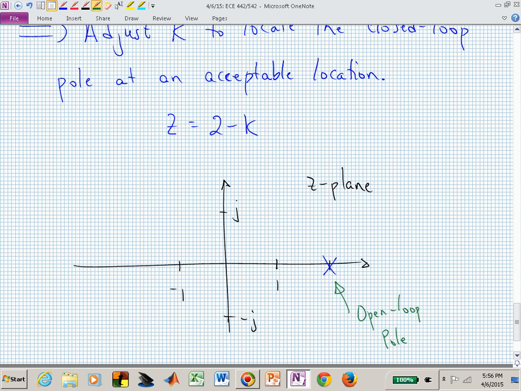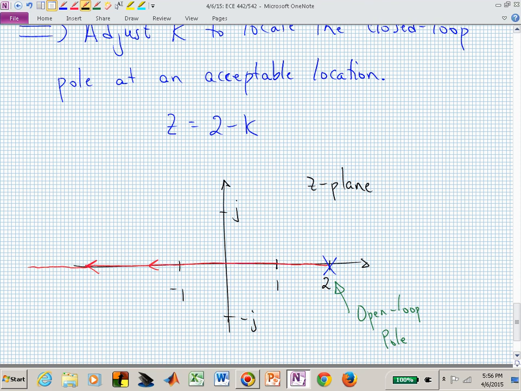As I increase K, the closed loop pole could just travel along the real line from a positive 2 all the way to minus infinity as I make K bigger and bigger. Is that clear? That's actually a root locus diagram. Hint, hint. We haven't gotten there yet, but you've now sketched a root locus diagram.